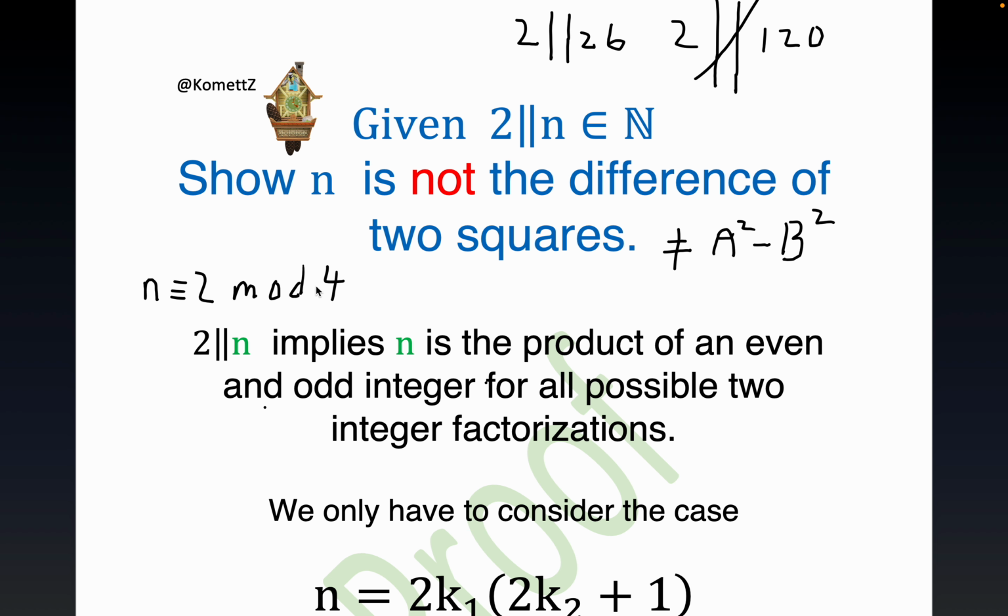This is how you see it in a lot of number theory books: if n is congruent to 0, 1, or 3 mod 4, you can always write it as the difference of two squares. So this is kind of an if and only if. You can check it out for n equals 0, 1, or 3 mod 4. Those types of n can be written as the difference of two squares. It's just this particular case that can't.